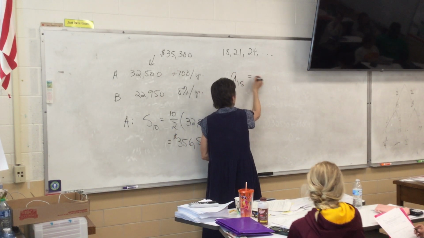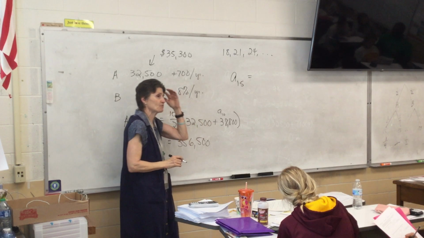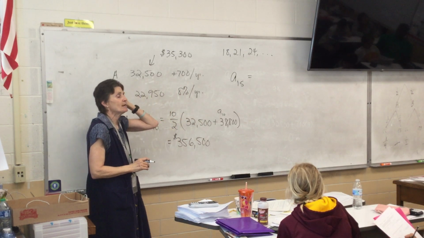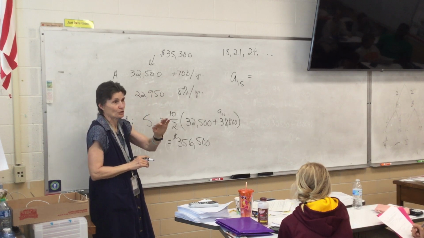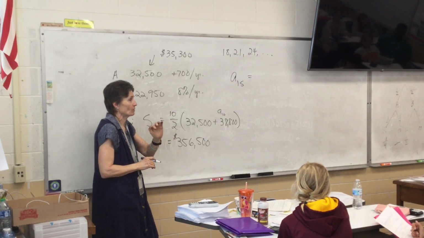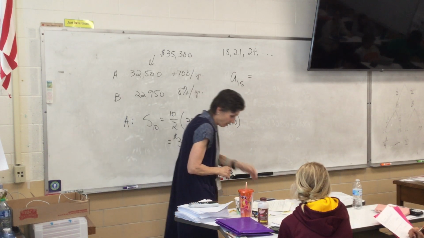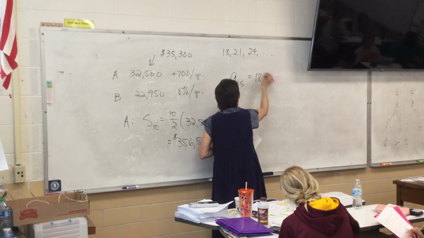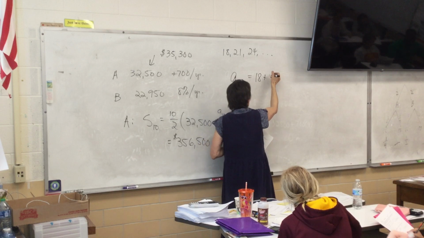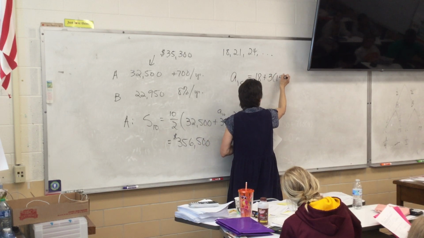These can be a little bit wild, guys. You really have to think about the situations. And the vocabulary of the sentence is huge. You've gotta watch the grammar very carefully. All right, so here we go. Arithmetic, first term is 18. What's the common difference? 3 times 14.